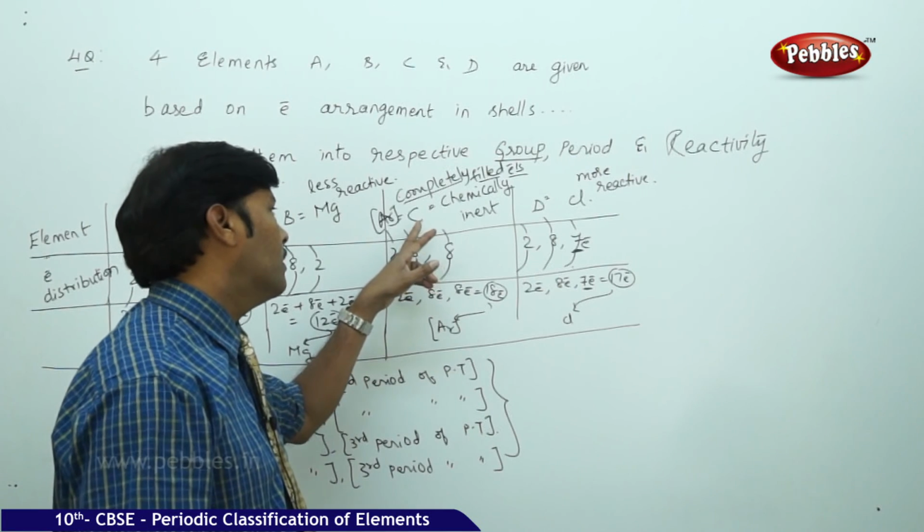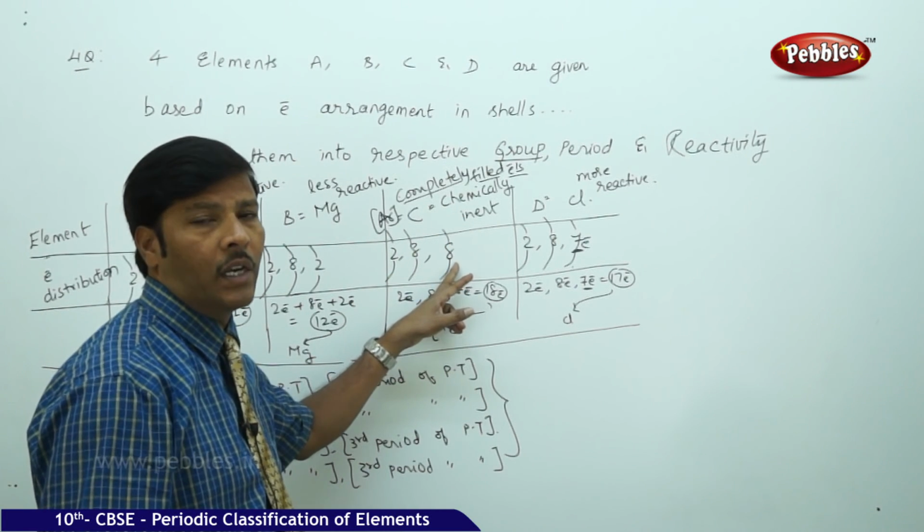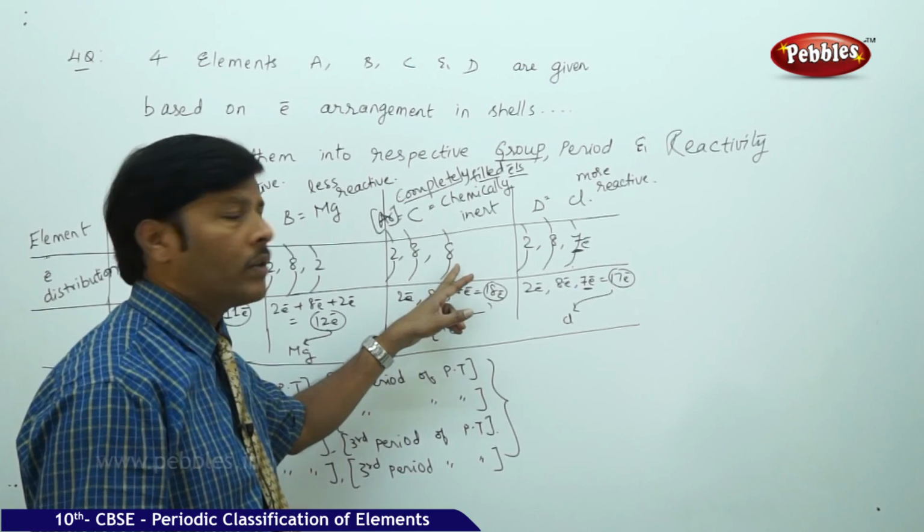We take argon as a chemically inert element because already in the valency shell it has 8 electrons and it is satisfying the octet stability.